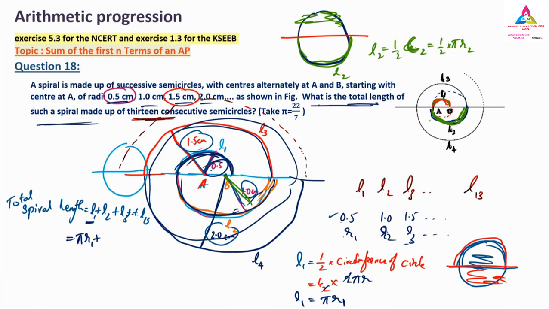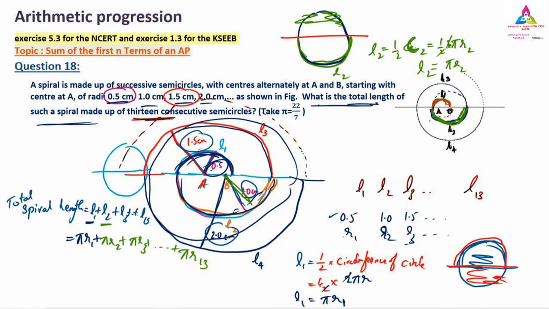So 2 pi r2, this 2 and this 2 get cancelled. So what will the L2 value become? Pi r2. So in place of L2 I can write pi r2. Next, L3 again will be pi r3. Similarly it will move on. Last, L13 will become pi r13.